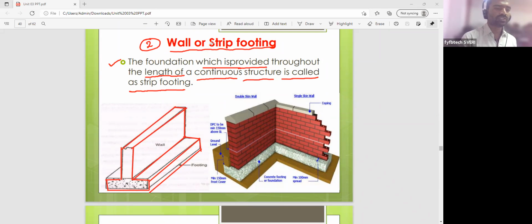This is a foundation which is given continuously throughout the wall.